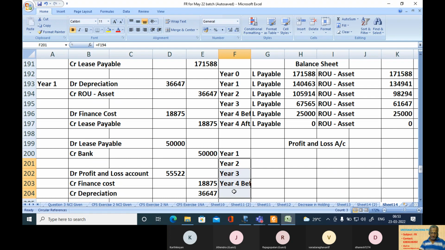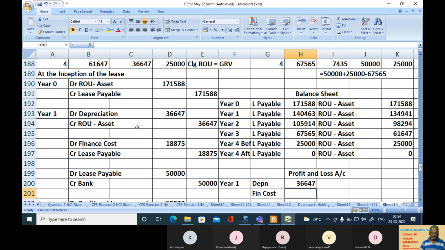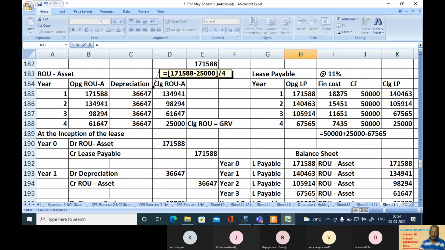Actually, this is not correct. So it will be depreciation and finance cost. Depreciation is this. Finance cost will be this.